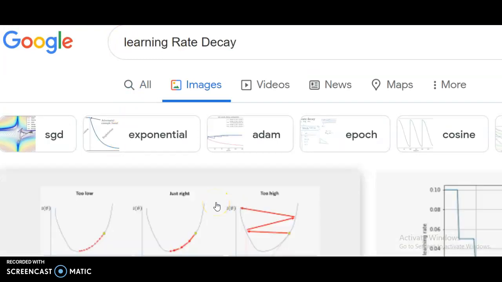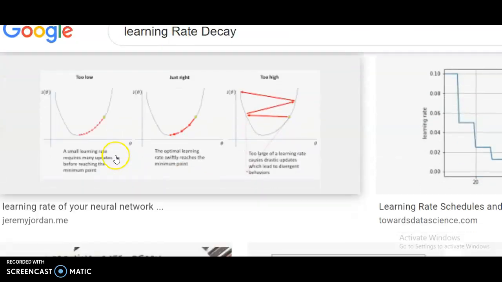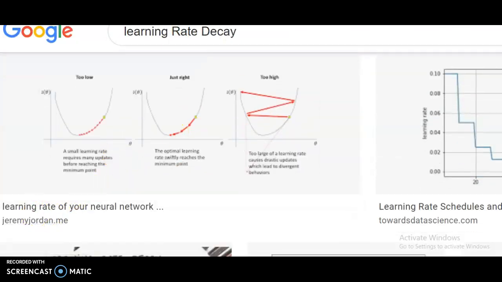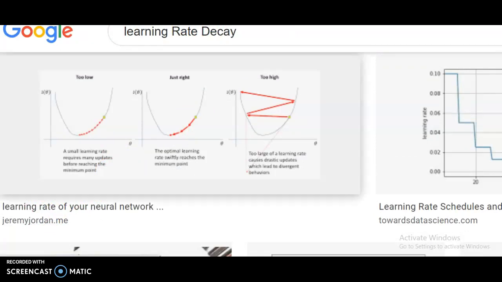Learning rate decay of your neural network. Learning rate too low, and right, too high.